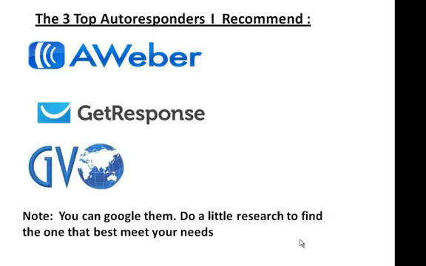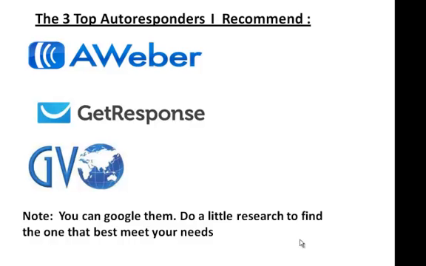Okay, so 3 top autoresponders I recommend. Aweber is one of the top ones. GetResponse is an excellent one. And my favorite is GBO. Especially if you don't have a lot of money, GBO is excellent because it's less than $10 a month.